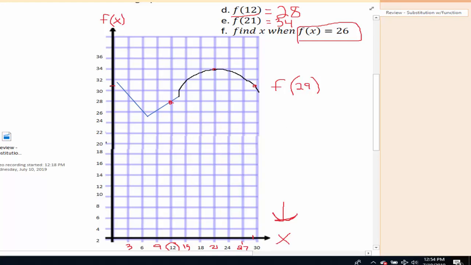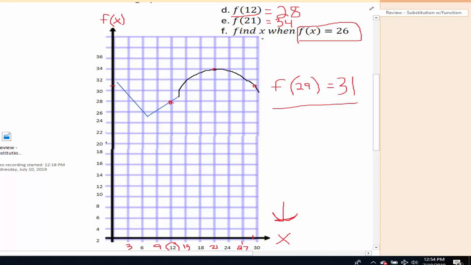I'm going to say it looks like it's 31. It's between 30 and 32. I could say it's maybe slightly under 31, 30.9 or something. I really think it's basically 31. So that's an estimation, and sometimes you have to do that when you read a graph.